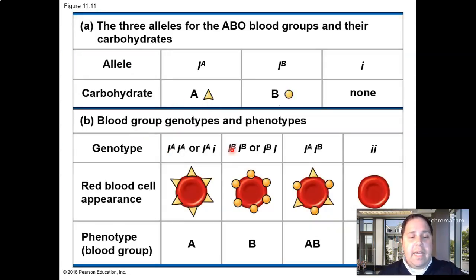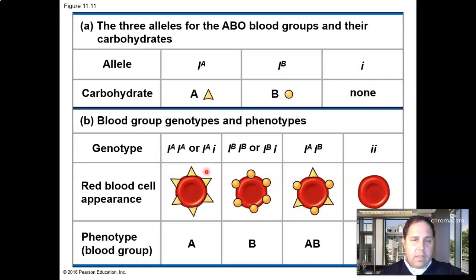So when we see this happening, IA IA or IA i are going to give you type A blood. IB IB or IB i is going to give you type B blood. Interestingly, if you have one IA and one IB, you're going to be type AB blood. And if you are totally recessive, if you have 2 lowercase i's, you're going to have type O blood.